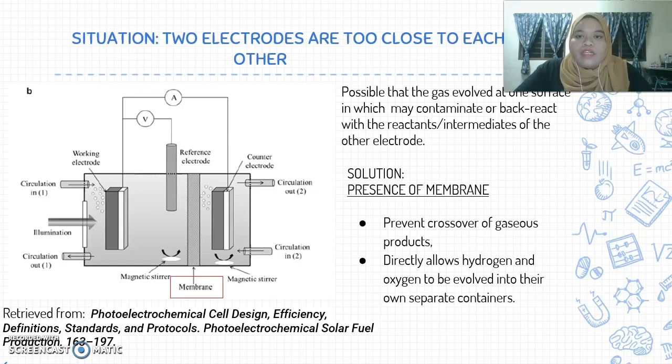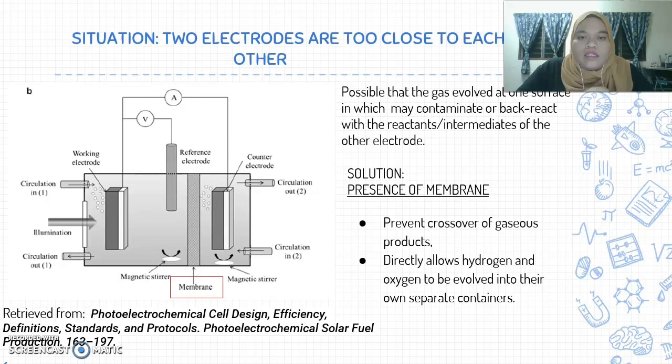So as a result, after we place the membrane in the cell, we will have two different circulations, one circulation at the working electrode and the other circulation at the counter electrode.